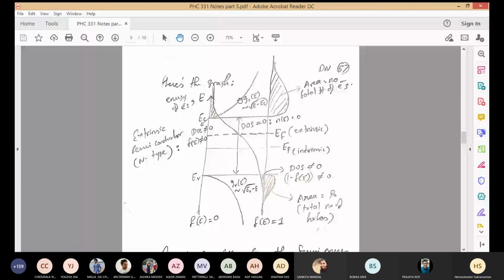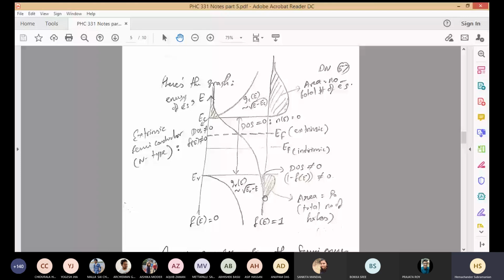Over here, if the Fermi level were right in the middle, these two bumps, these two peaks, would be the same. But because EF has moved towards the conduction band, because we've added impurities, more electrons, the middle has moved, which means this function has to go to 1 here.